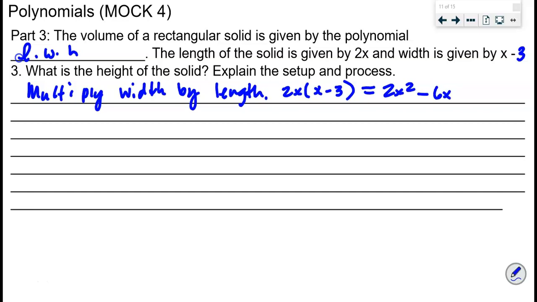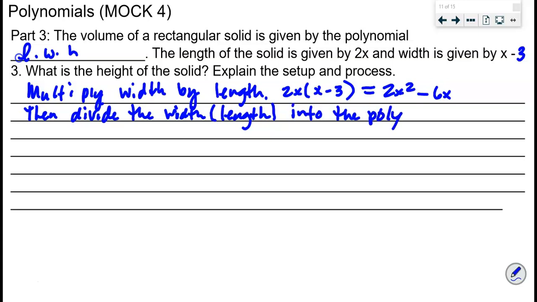Then what we're going to do is divide the width times the length into the polynomial, the polynomial's volume.